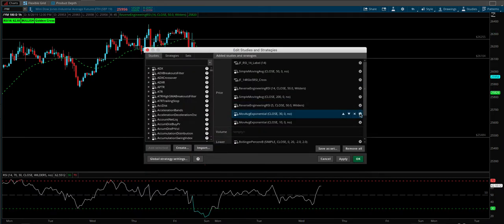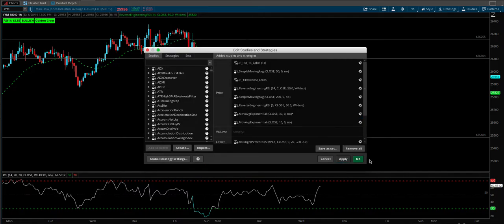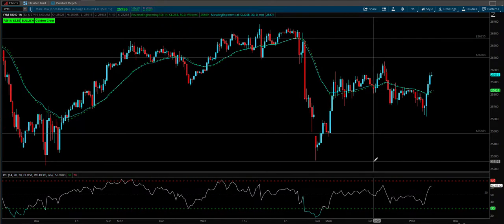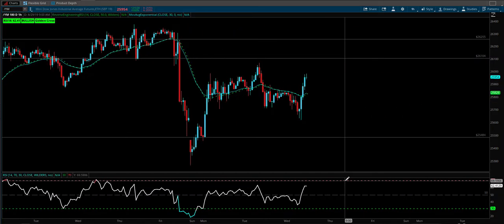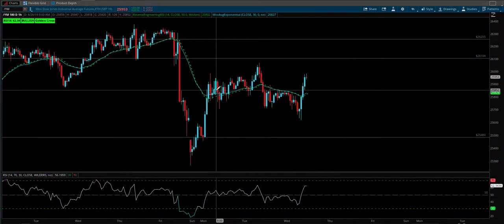So if you'll see here, click 30 EMA, and it's basically the same thing. For the most part, it's off very slightly. So that'll tell you basically where price is in relation to the 50 RSI.